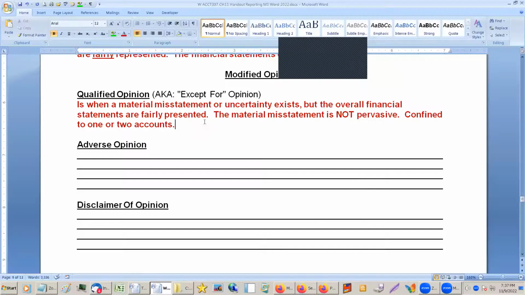So going back to the first one, that's why they call the first one the unqualified. There is no except for. It's like everything's okay, nothing else. Whereas the other one is everything's okay, except for here's the bad thing. And in these ones, the dollar amounts will be given.